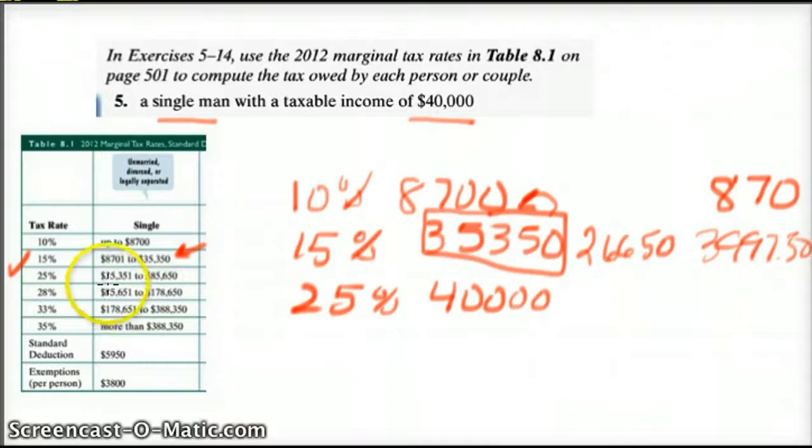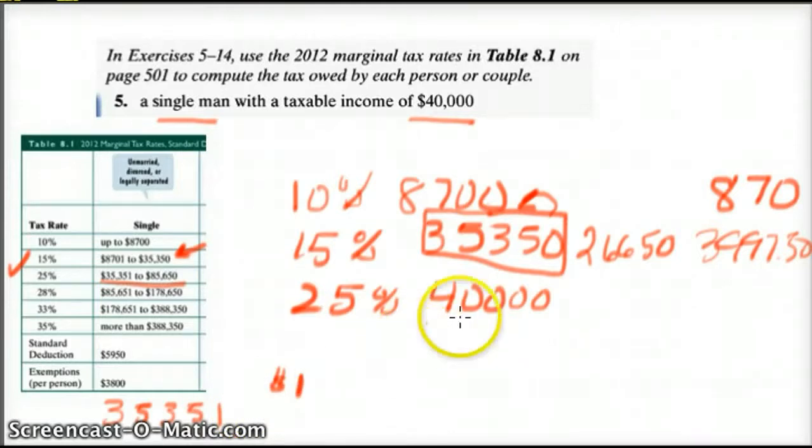Now, notice that he made over this amount. So in this bracket right here, if he made 35,351, he's in that bracket by $1. He would pay a fourth of that $1, which is a quarter. But really, how far is he in there?